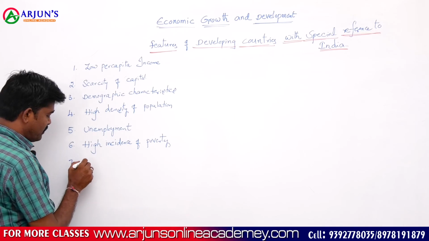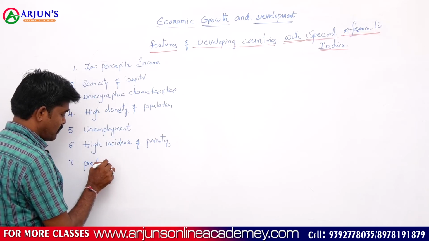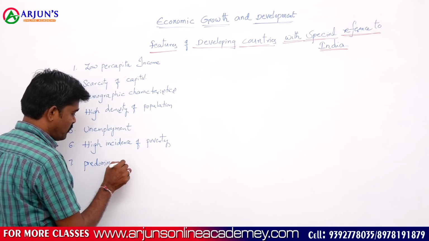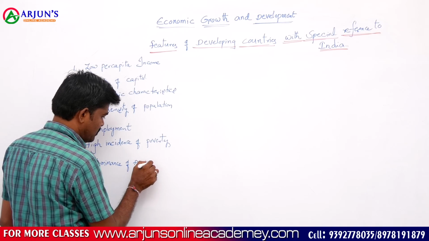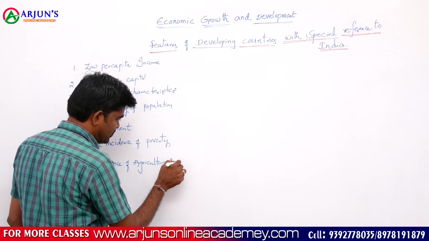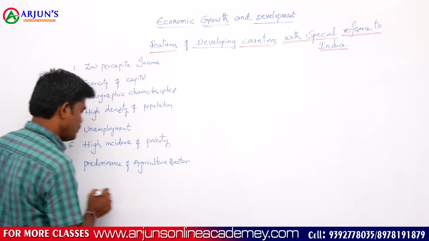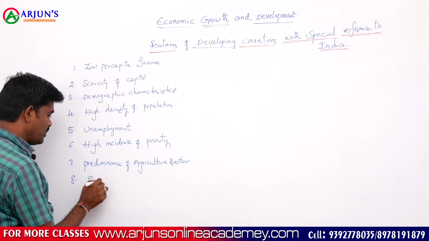Another important one, Number 7, predominance of agriculture sector. Number 8, income inequalities.